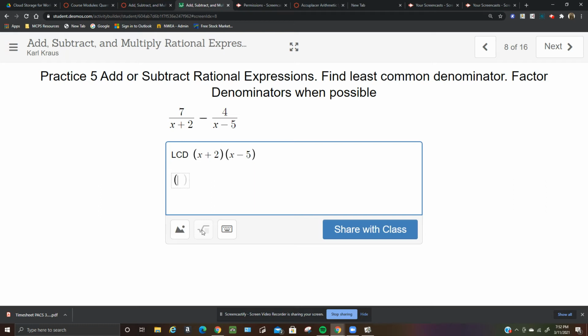So you're going to have to multiply 7 times x minus 5, which is the missing factor there, and minus 4 times x plus 2. And the denominator is going to be x plus 2 times x minus 5.